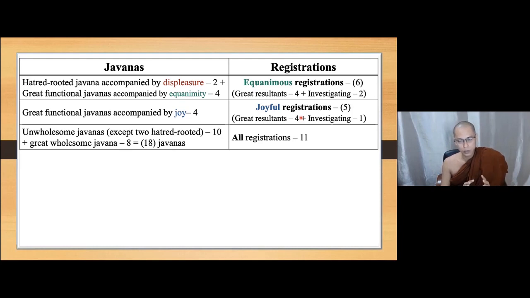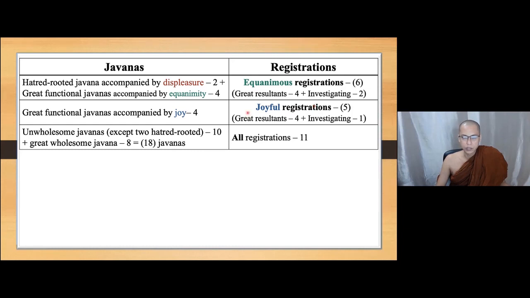Whenever you explain the cognitive process, you need to identify every mind moment of the cognitive process in this way. So if the jhana is a great functional jhana, because it arises in the process of the arahat, you can identify any of the functional jhana accompanied by equanimity or joy.